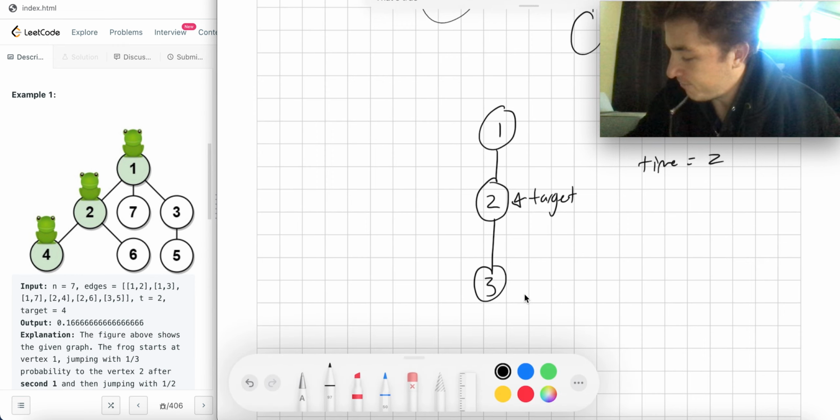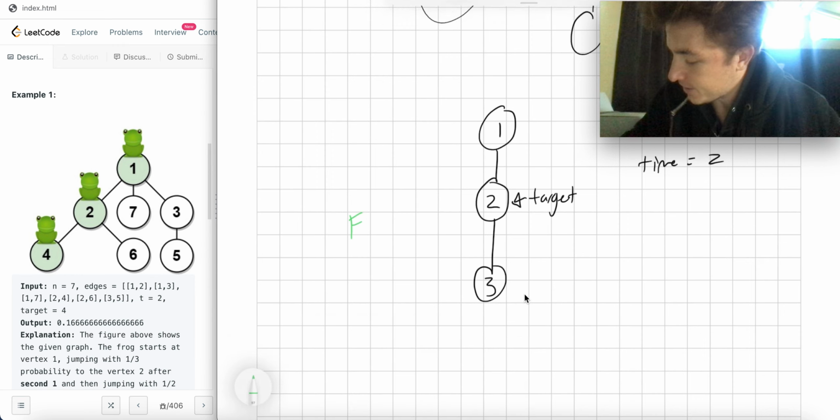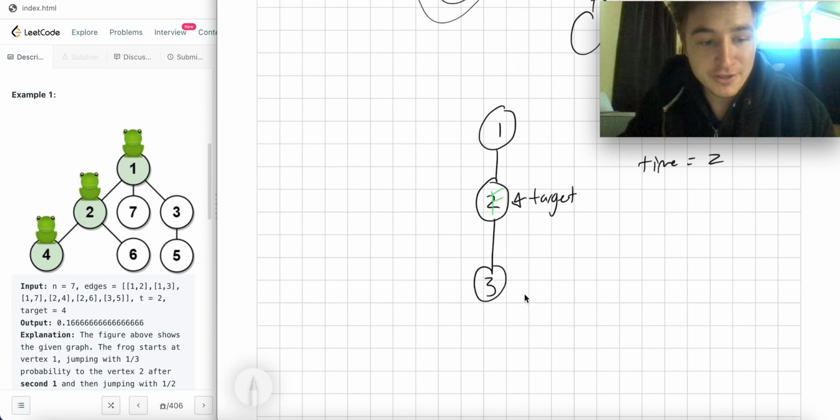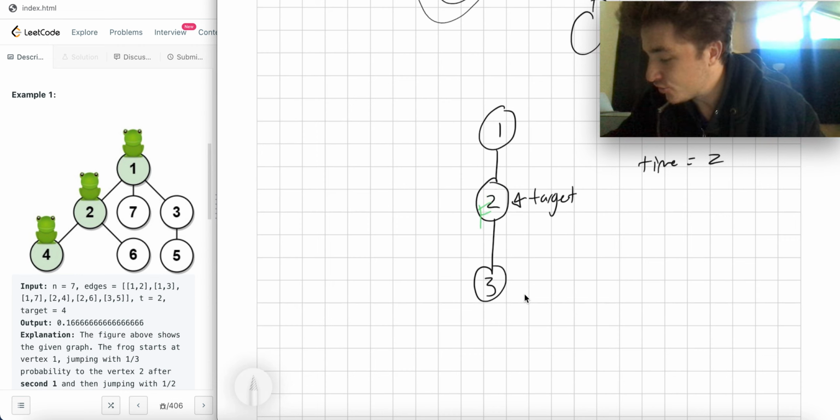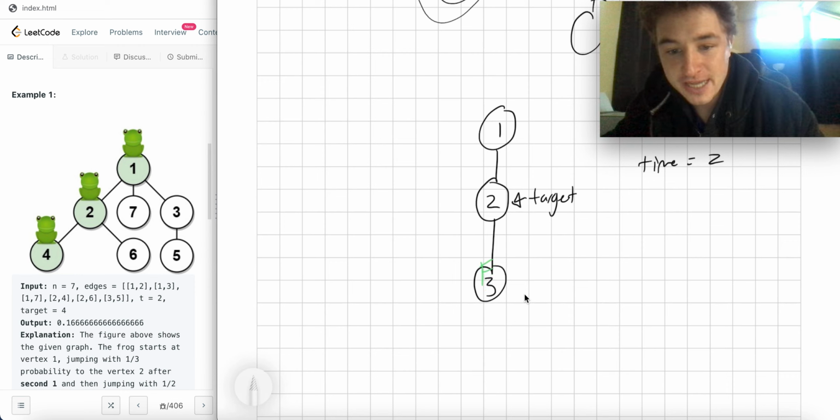You might feel inclined to say, okay, I start here, and then after a second, I end up here. I'm done, right? But remember, for this thing to work, you have to be at the target at the end of the time. So even though you're already at the target, you have to keep jumping. So you jump down, and then after 2 seconds, you're going to be here. Since you're here at 2 seconds, you can never actually reach the target. There's no way to reach the target in 2 seconds because you have to go down in 1 second and you have to go down again in 2 seconds.